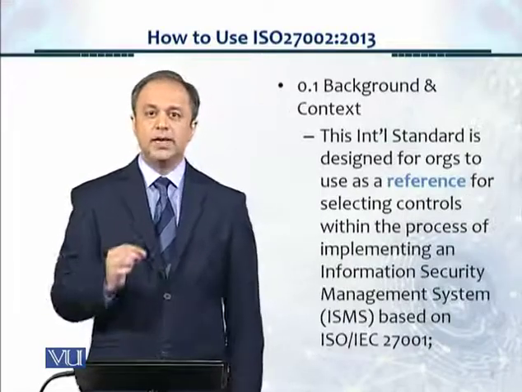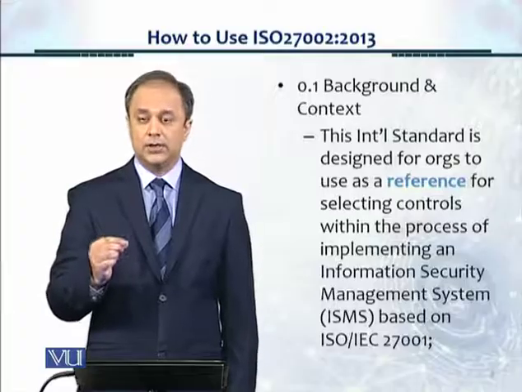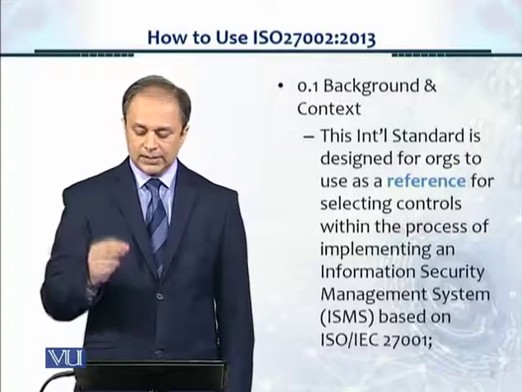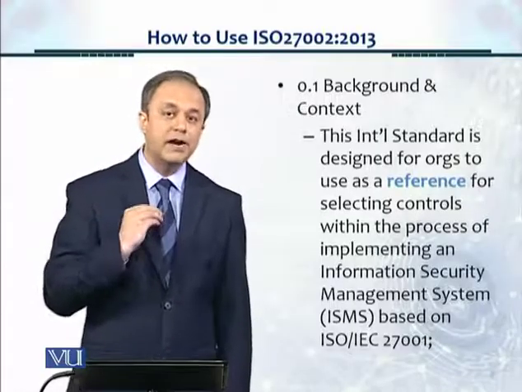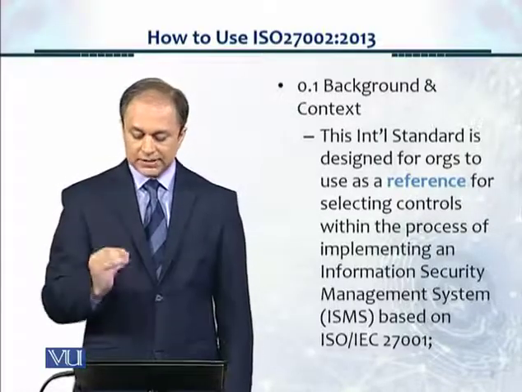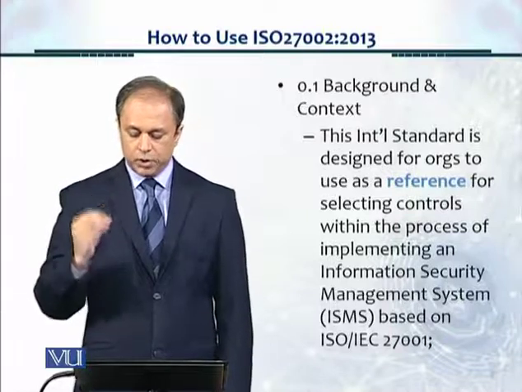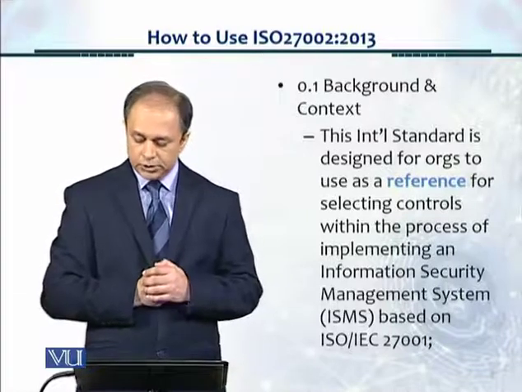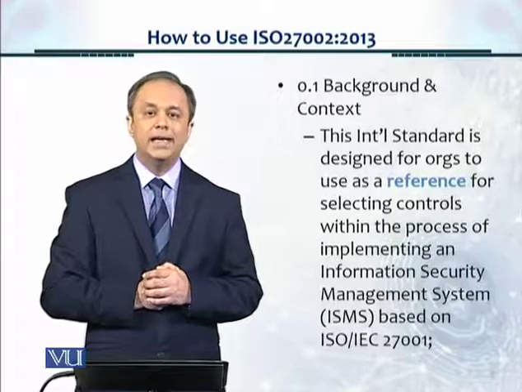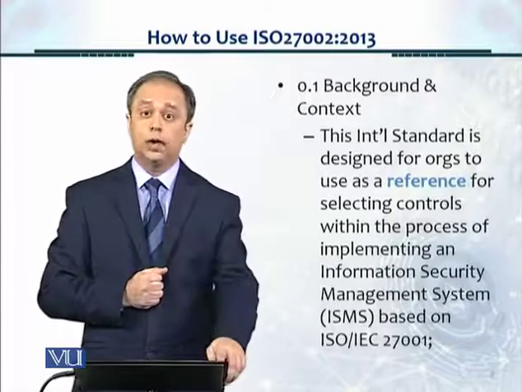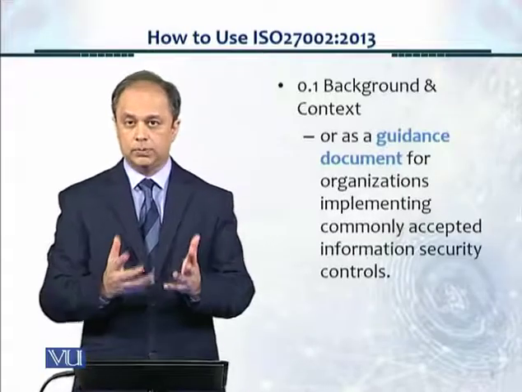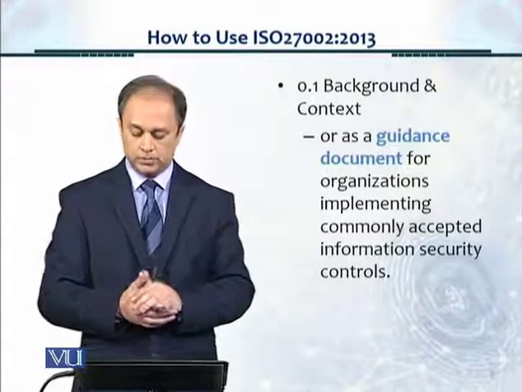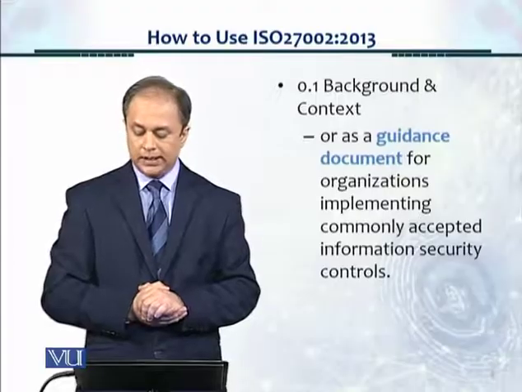Now, the first section, background and context, explains for 27002, this international standard is designed for organizations to use as a reference for selecting controls within the process of implementing an information security management system based on ISO 27001. Or it may be used as a guidance document for organizations implementing commonly accepted information security controls.